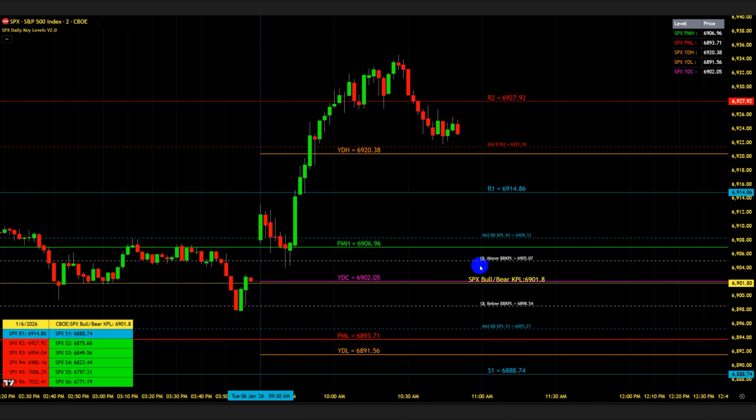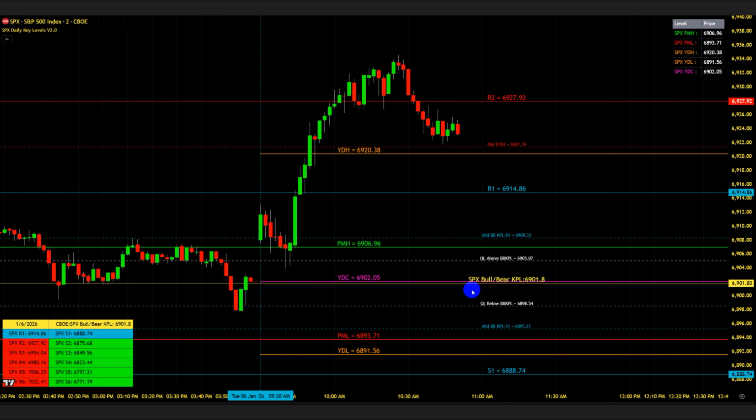On the startup display, the default display of the indicator, you will see the QL above and QL below the BBKPL. However, in the user control panel, you can turn on the QL levels above and below each of the main levels. The main levels again are Bull Bear KPL, the R1 through R6, and the S1 through S6. So that is the purpose that the QL levels provide.